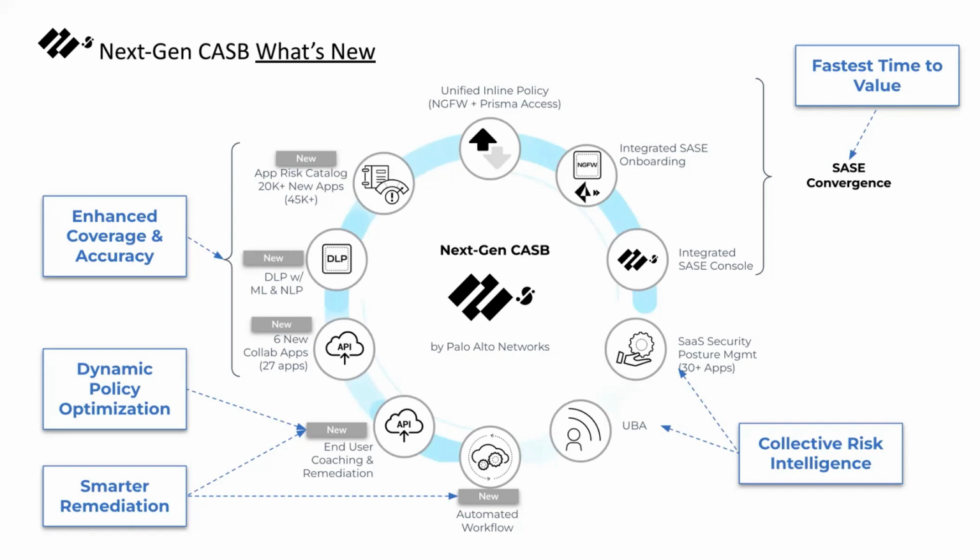So the next one is end user coaching and remediation. This is the part that I meant is baked into the product. We now have powerful Slack integration, and through Slack bot, end users are able to either mark that something is not a violation or take care of the exposure right away. For example, if a sensitive asset was shared and I, as an end user, made the sharing activity, I get an alert immediately saying, hey, this happened.